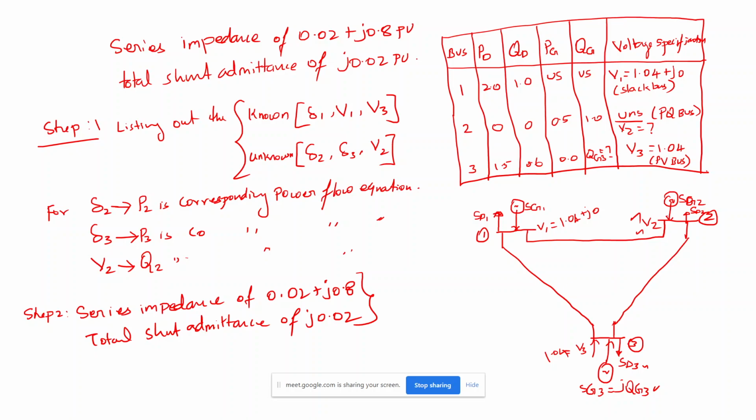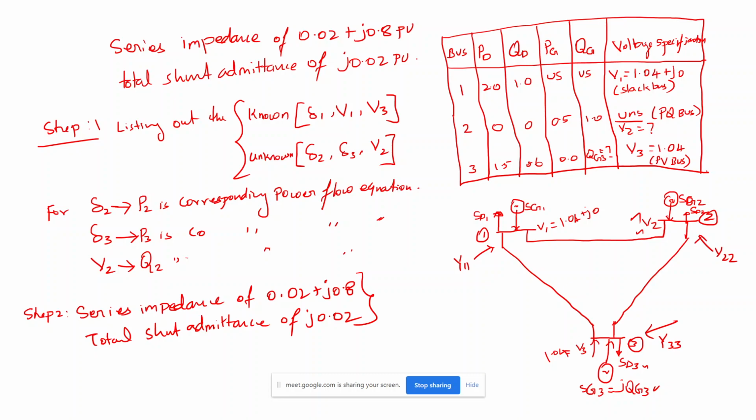Now if you want to find out Y11, Y11 is nothing but the self admittance of this bus. And this is Y22, and this is Y33, because we need to find out the Y bus matrix.